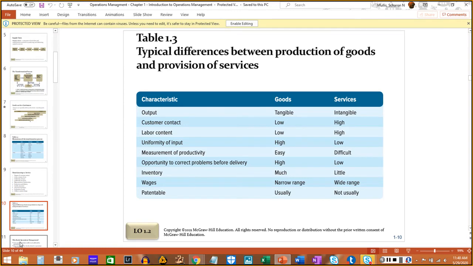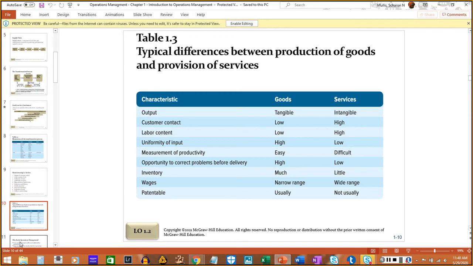Uniformity of input is very high when you're producing goods. You don't want to have 1,000 different parts for the same vehicle. If you're producing the same type of vehicle, you want the same type of parts that go into that vehicle. For services, it's not as much. You don't need a uniformity of input.